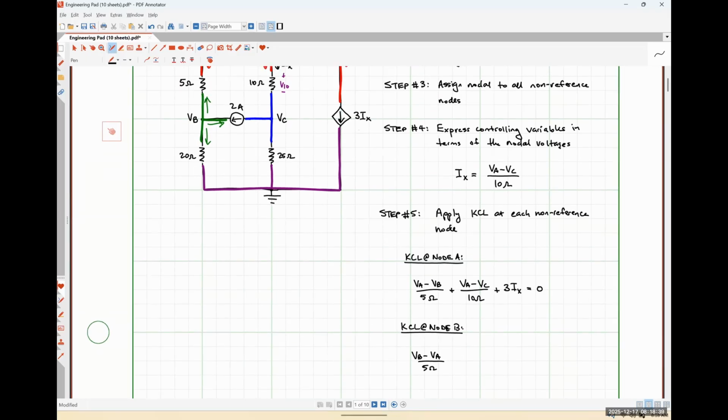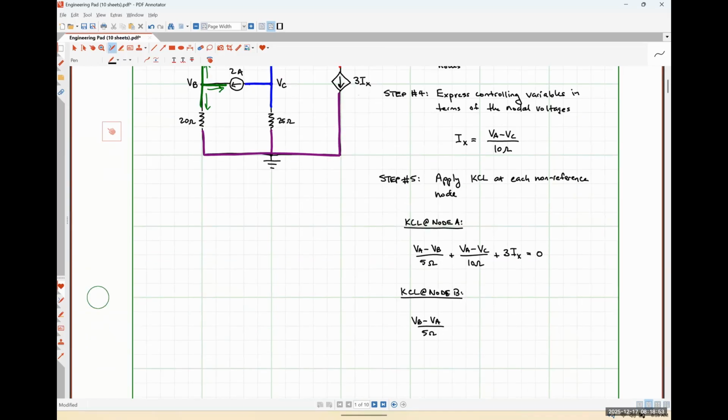What's the current flowing to the right through that current source? Negative 2 amps. So the arrow that we're following is in the opposite direction of the arrow of the current source, so we need to change the sign. Okay. And then what's the current flowing down through the 20 ohm resistor? VB minus 0, so just VB over 20 ohms.